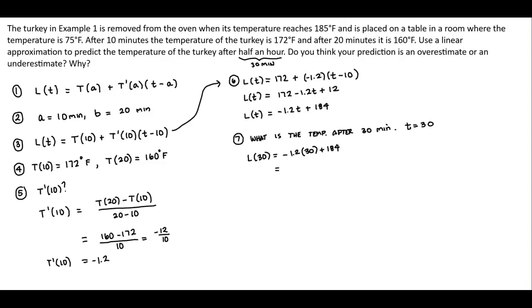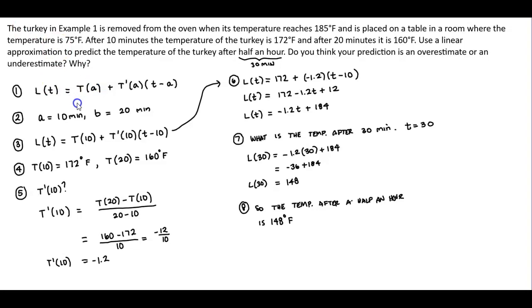So we get negative 36 plus 184, and therefore we get 148. So L of 30 is going to equal 148. So the temperature after a half an hour is 148 degrees Fahrenheit.